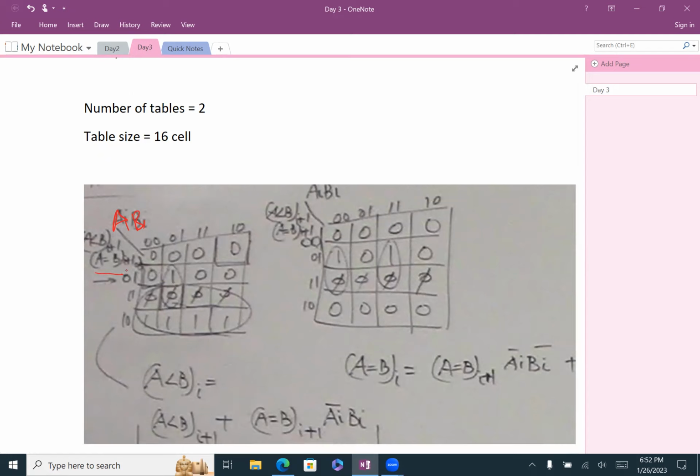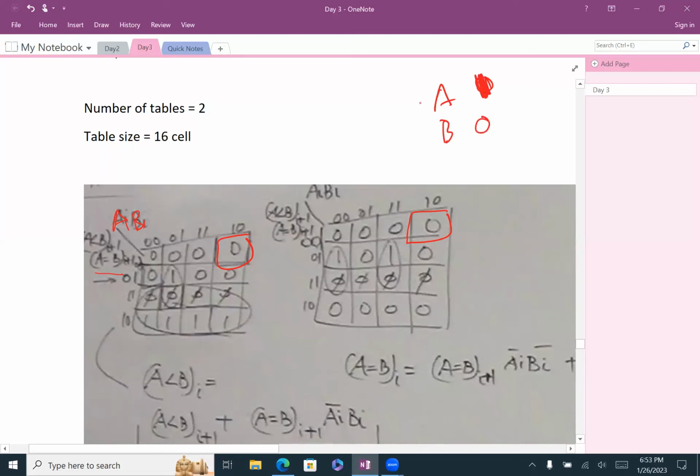So if we look at this one here, what's A, or what's B? You have A and B, correct? What's A? 0. And what is B? 0, correct? All right.